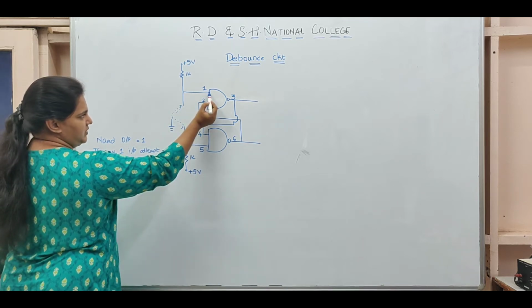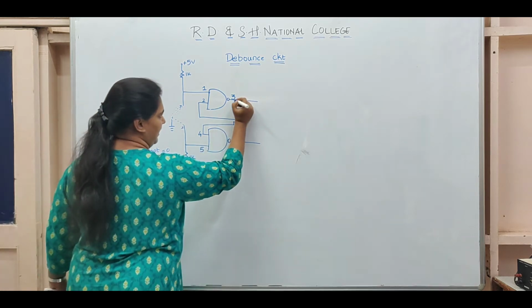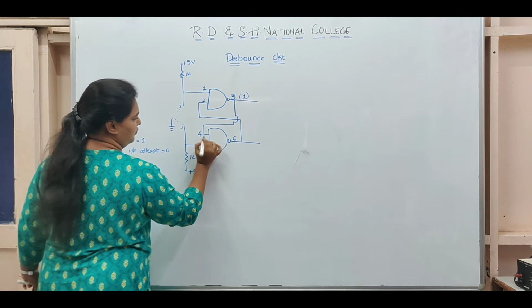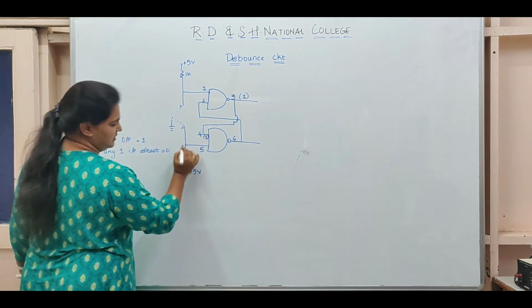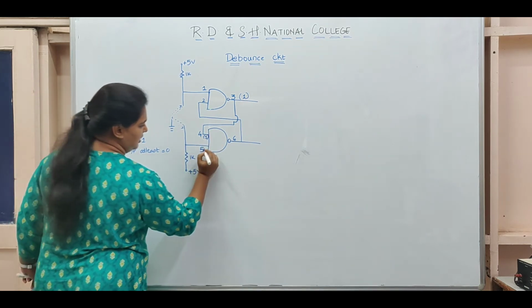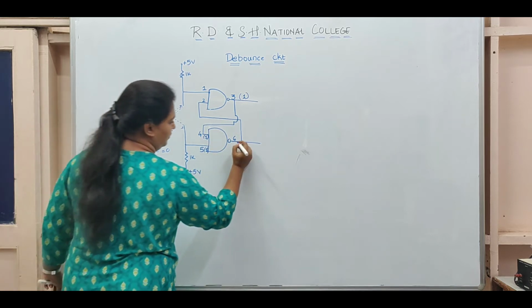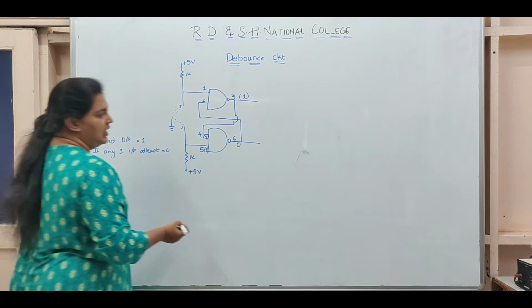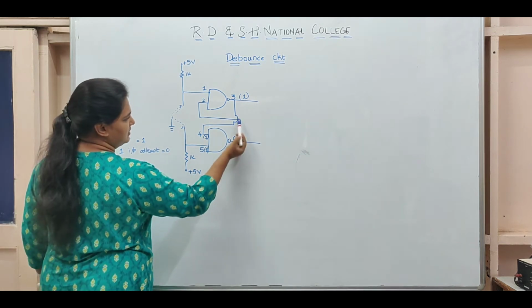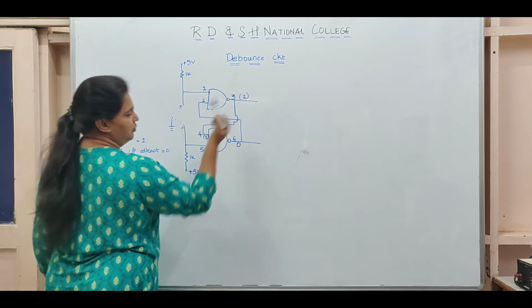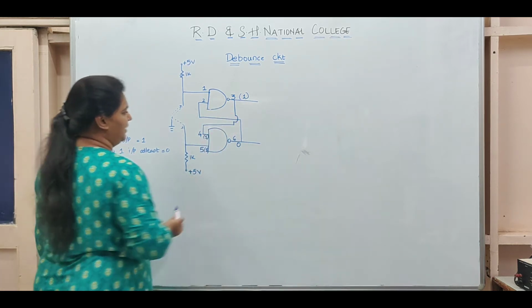Now if this pin is 0, the output is high. This high output is fed over here, and already this is connected to VCC. Since both inputs are 1, the output is 0. As a result, this is again going back to this point, and as long as this output is low, the output will be high.